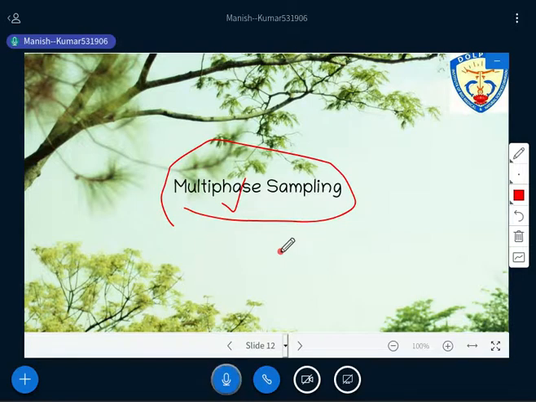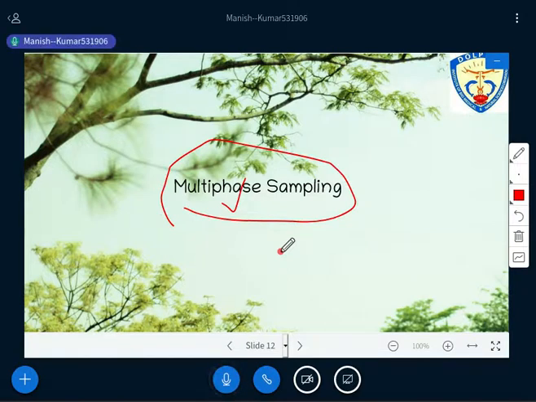So the purpose of all this exercise is to collect different information of the same sample, or the same information by different methods. Is it clear? Try to understand very clearly.